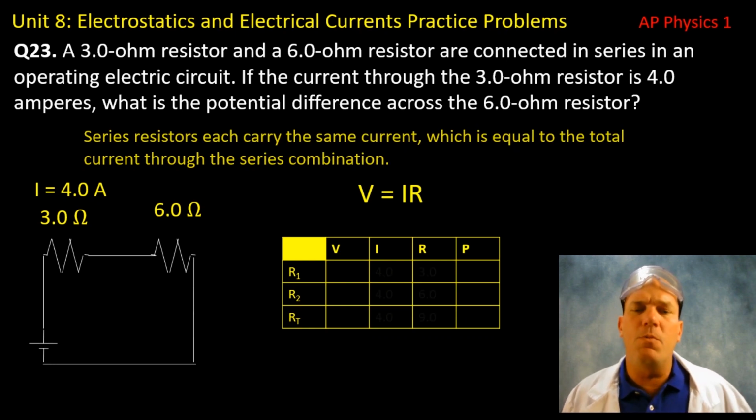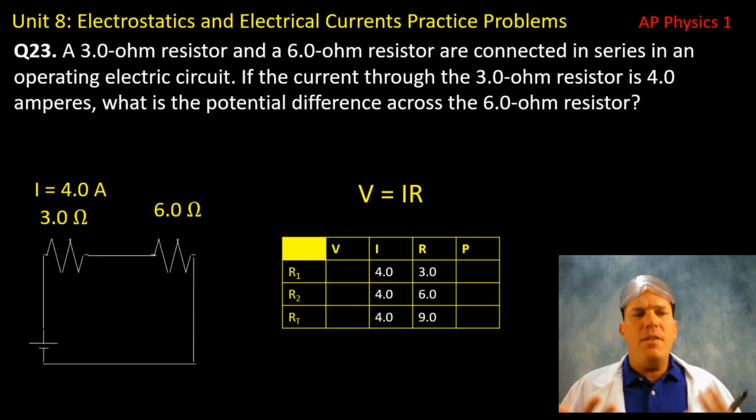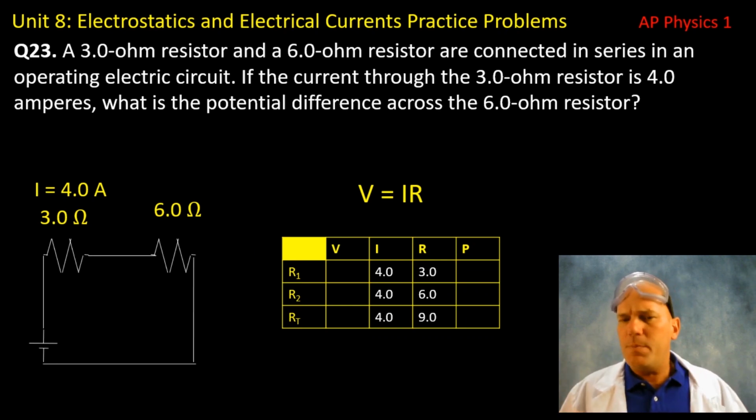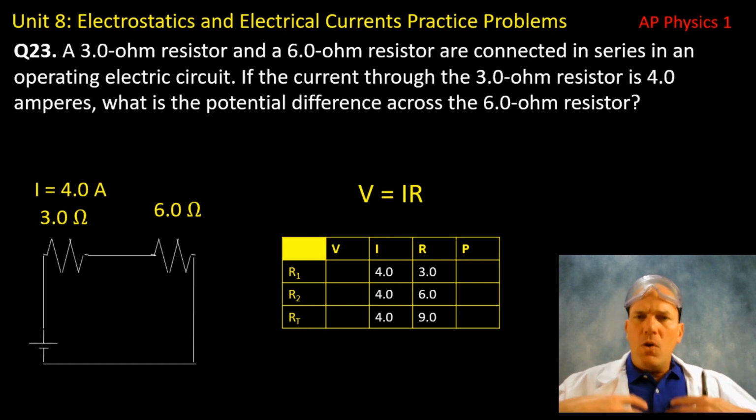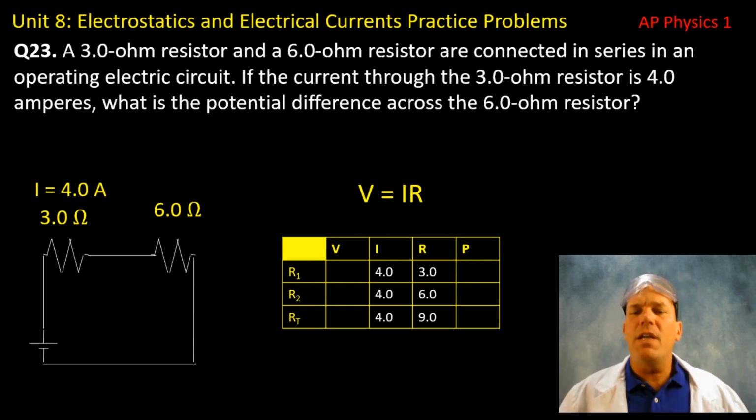So let's organize what we know. We are given the resistors as 3 and 6 ohms respectively. We've gone through the intuition behind the idea that the current throughout this entire circuit is going to be 4.0 amps.